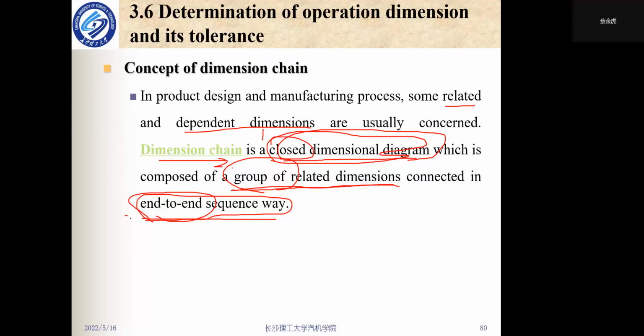And the last one is that it is an end-to-end sequence. So the definition has three key points. The first, it is a closed dimensional diagram. The second, it is a group of related dimensions. And the third, it is an end-to-end sequence.